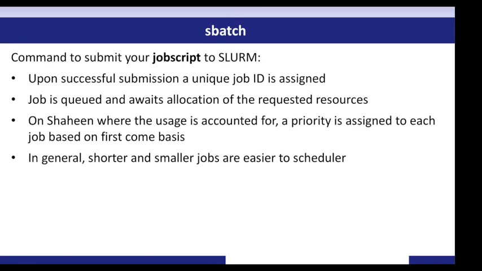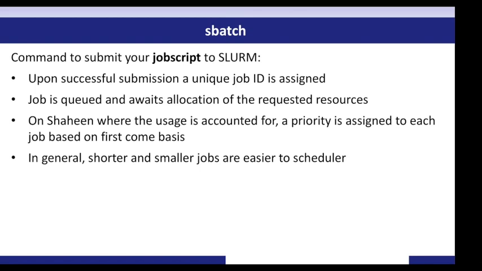When the job is submitted, accounting comes into play. And there is a priority that is assigned to it, depending on how much you have used and what's left, for example, in your account. And then your job will be prioritized in the whole database of jobs.